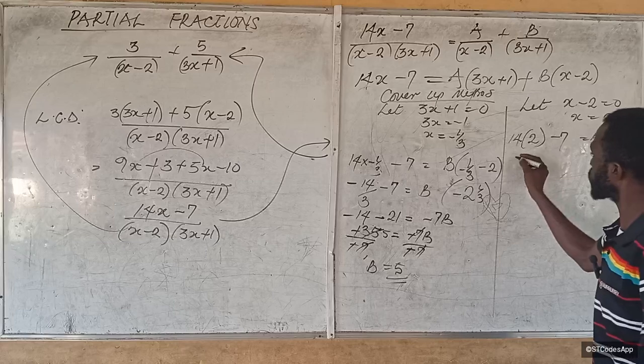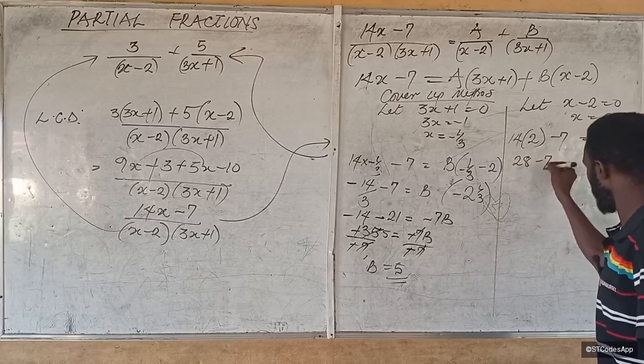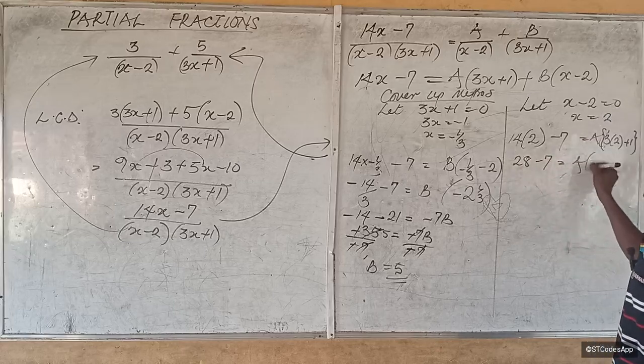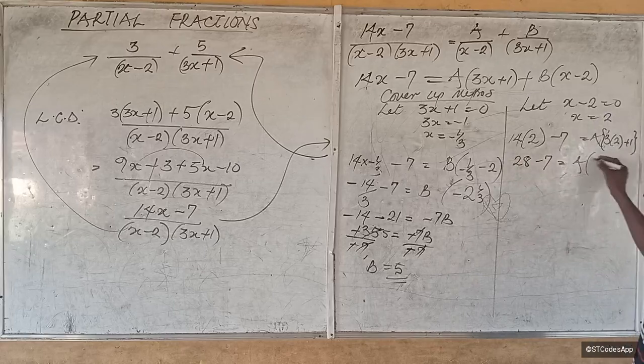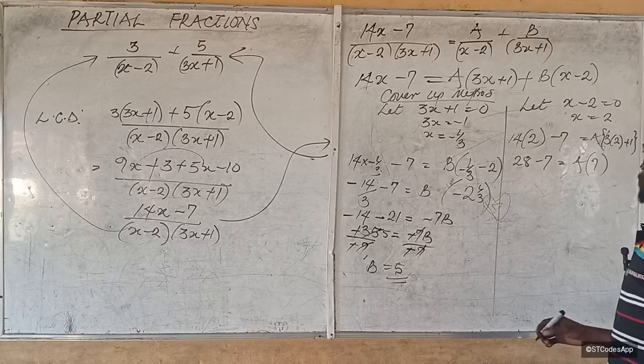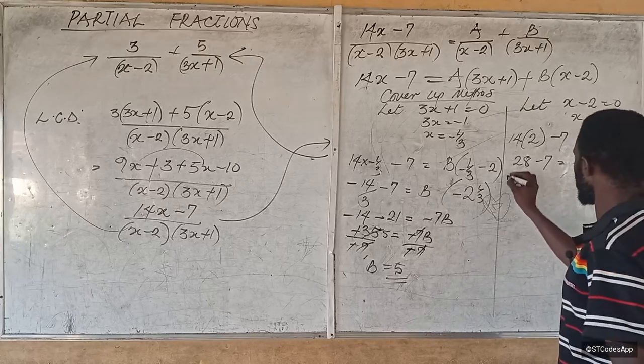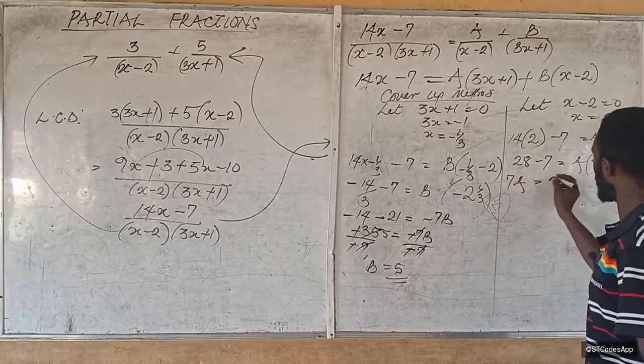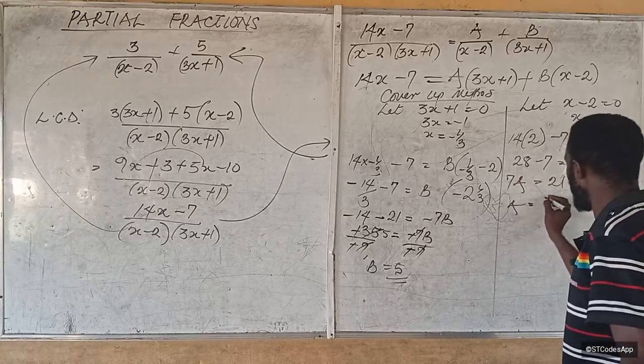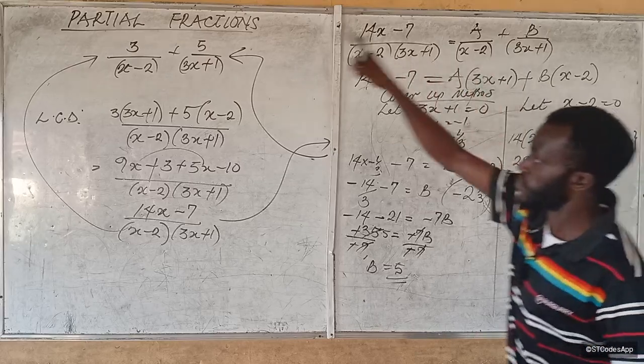So we have 14 times 2, that's what? 28 minus 7 is equal to what? A into bracket 3 times 2, 6 plus 1, 7. So from here we have that 7a is equal to this minus this, 21. And then a is equal to what? 3. Do you see that?